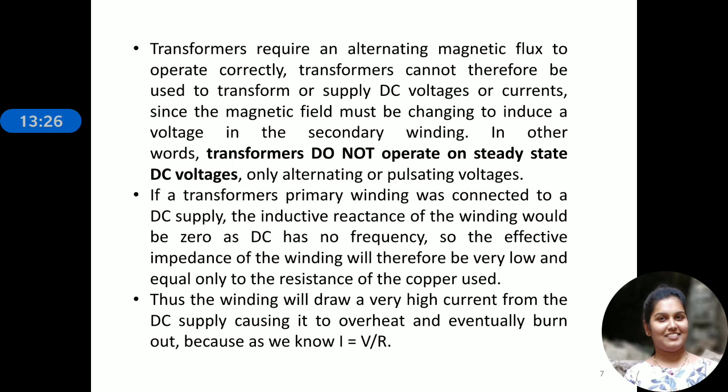So that is why we say that transformers will work only for alternating magnetic flux. So no DC supply should be given to the transformer, as a transformer requires an alternating magnetic flux. So these are the points we have to know regarding a transformer.